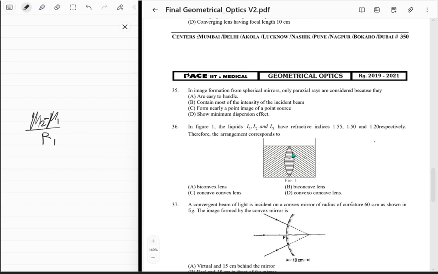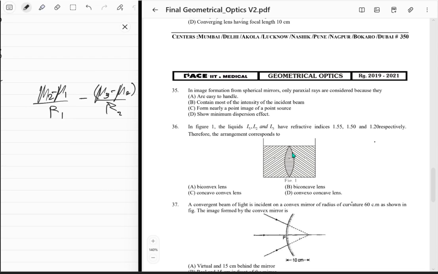But sorry, it should be positive 1 upon R2. What we'll do is say the radius of curvature is negative R2 for this other surface. So this will be minus (mu3 minus mu2) upon R2, where R1 and R2 are now unsigned quantities, positive basically.